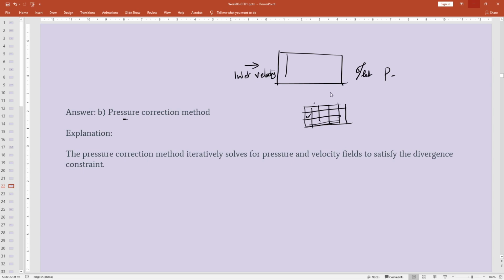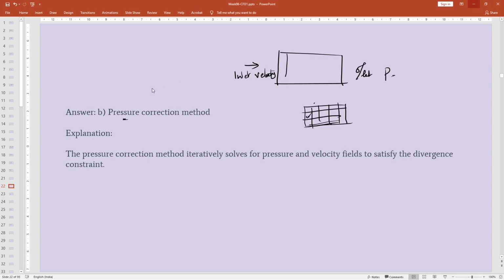So we know that velocity as well as pressure are the two important properties of a flow. We also need to solve these two simultaneously and couple them very well so that they will yield realistic answers.